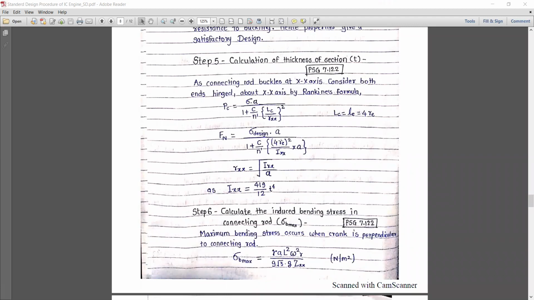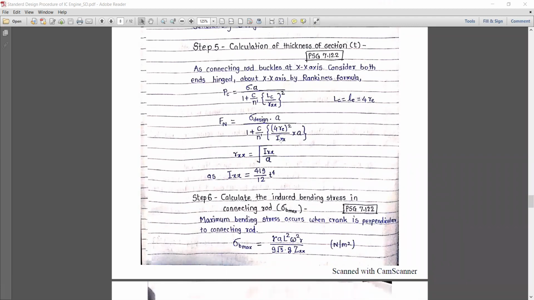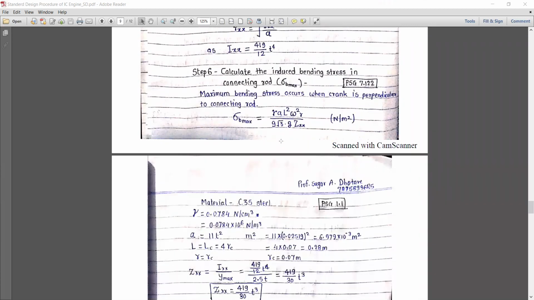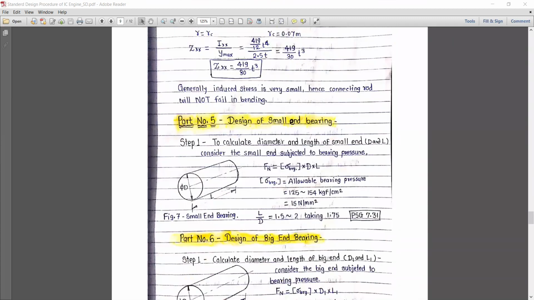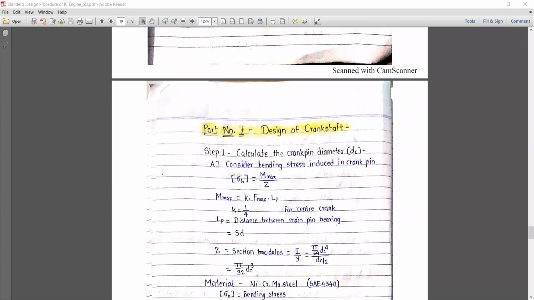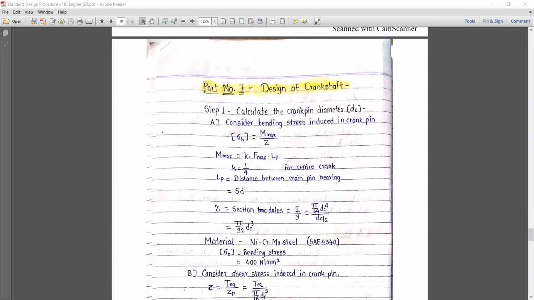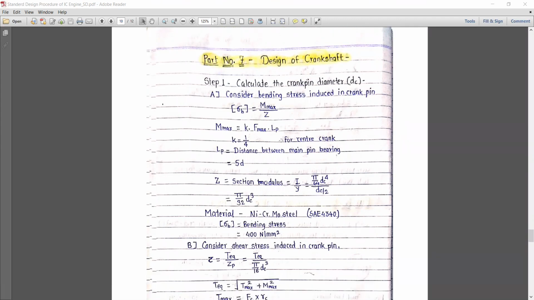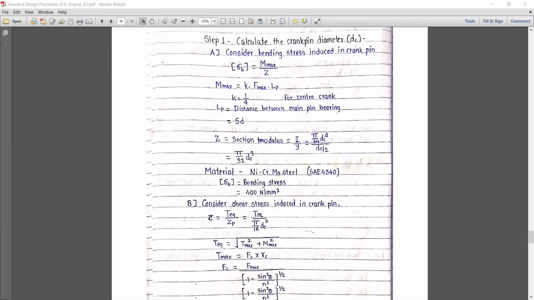Now next we calculate the thickness of the cross section in a proper manner based on the induced bending stress and total stress, then design of the small eye bearing and big eye bearing. One more thing which we haven't yet discussed is the design of the crankshaft. For the design of the crankshaft, we calculate the crank pin diameter based on the bending strength and the shear strength induced in the crank pin.